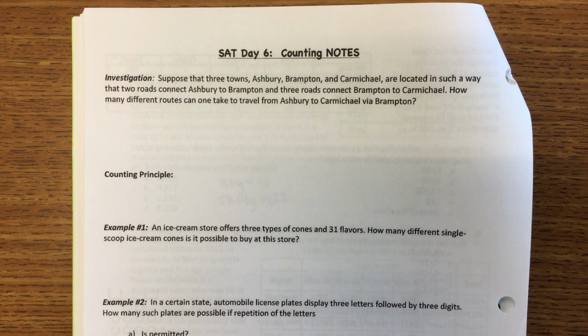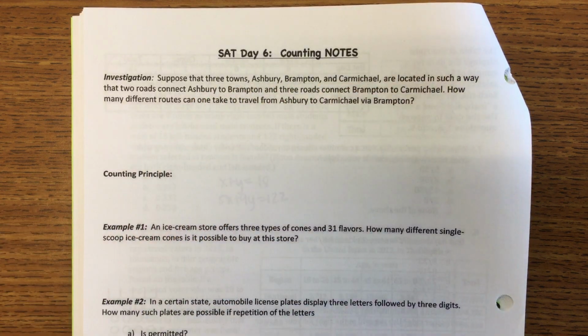You have Ashbury, Brampton, Carmichael. So draw those 3 towns. Maybe label them so you know what's what.